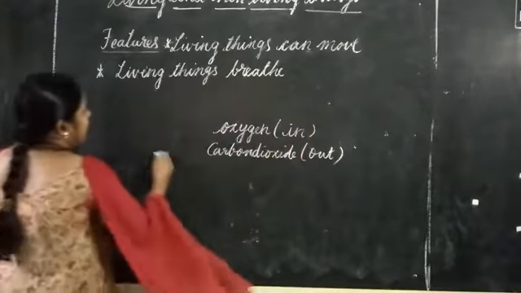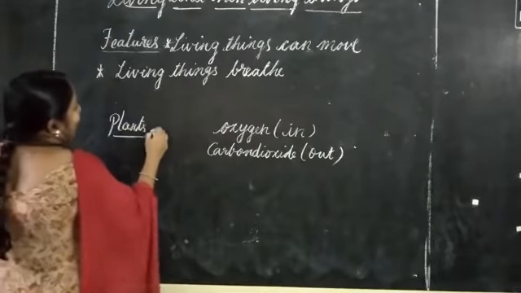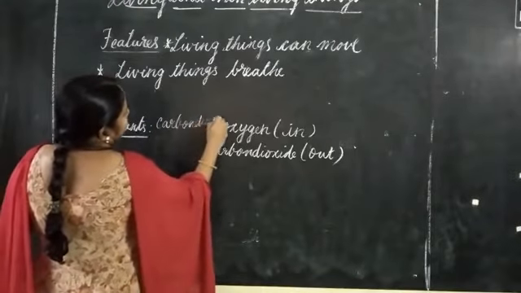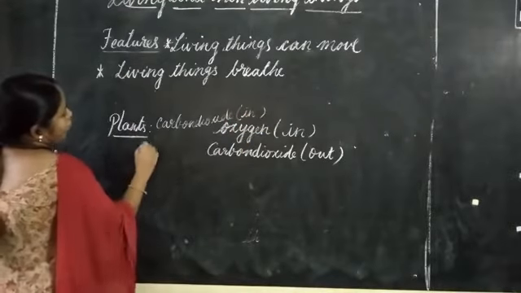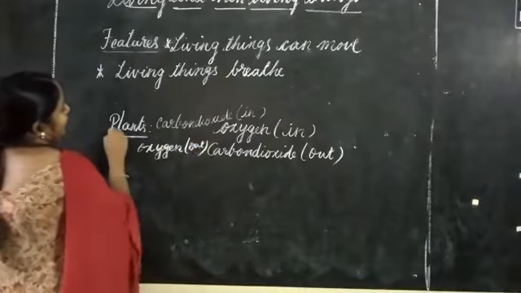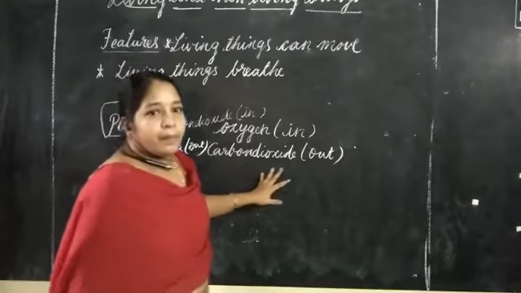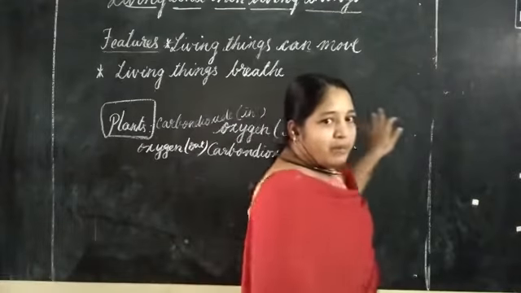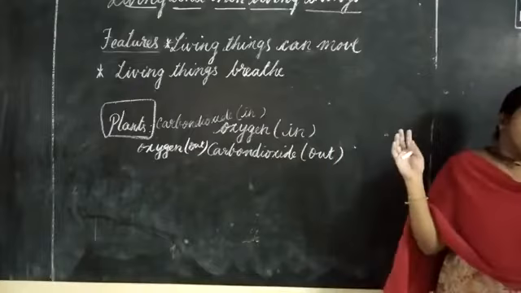The plants will take in carbon dioxide, and they release oxygen. Remaining all living things like human beings and animals, they take in oxygen and give out carbon dioxide.